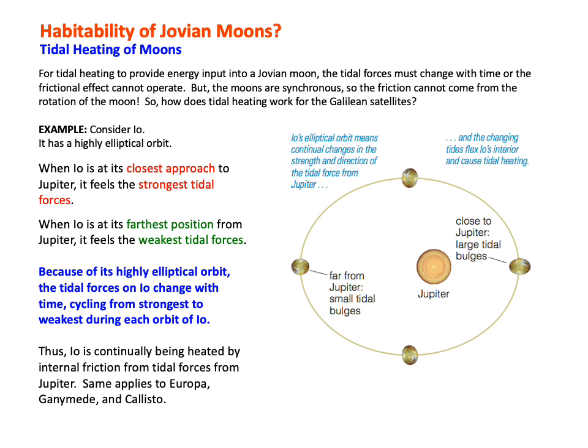And this causes the heating. Okay, so I think I have that down in the lower left there, that it's continually being heated by the internal friction of these tidal forces. And we're going to find out that the same thing applies to the other moons, Europa, Ganymede, and Callisto, which are also orbiting around Jupiter.